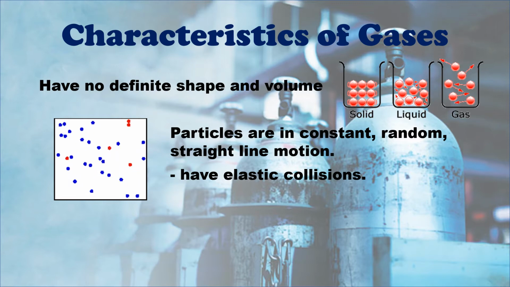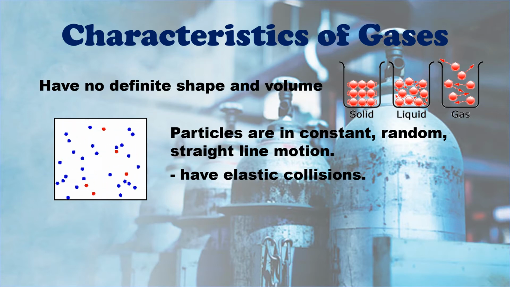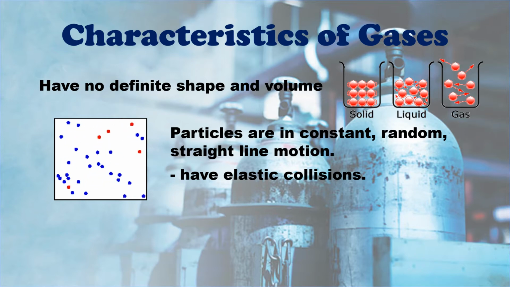In your physics, elastic collision happens when two objects collide with each other and then they immediately separate. They do not stick together. So that is the movement of the particles of gases. They collide, but elastically. They immediately separate.